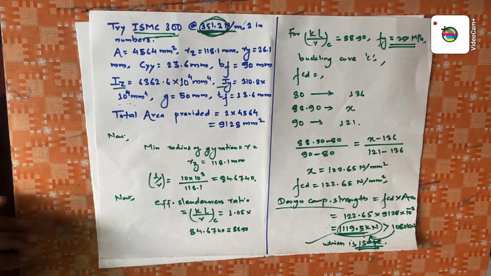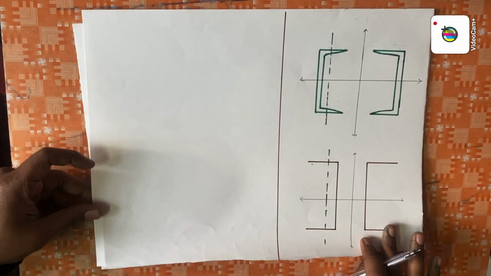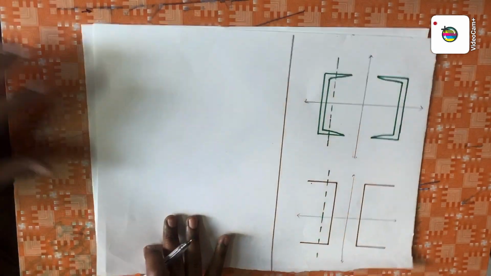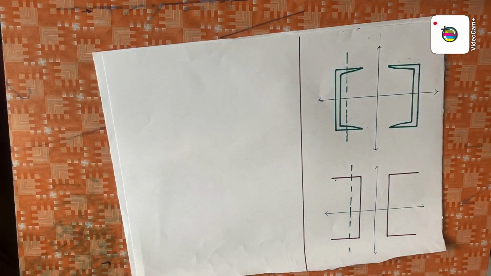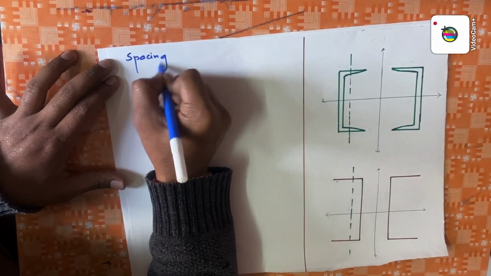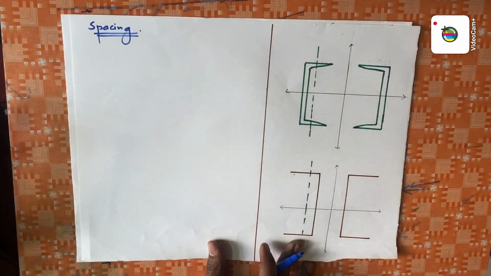So let's begin with the next part of our numerical, that is spacing of channel. You can see my last numerical, related to back-to-back connection.